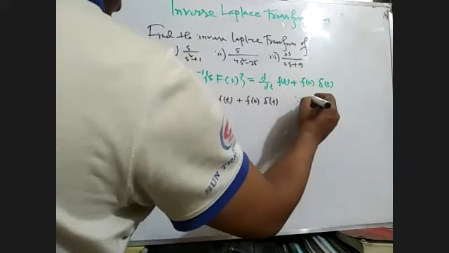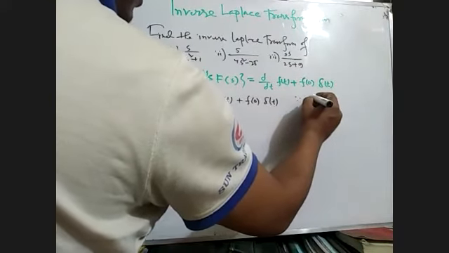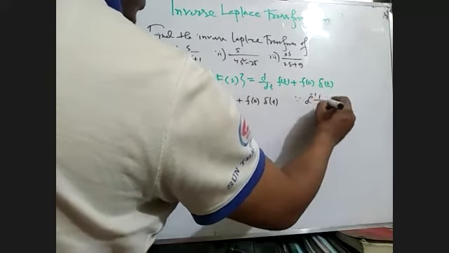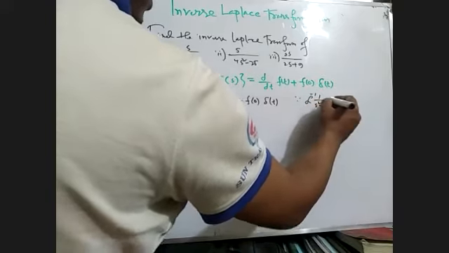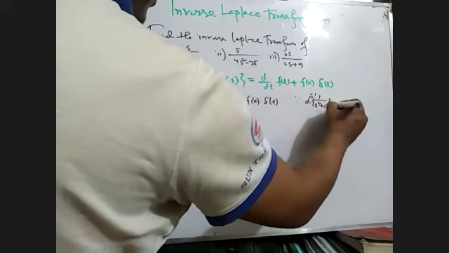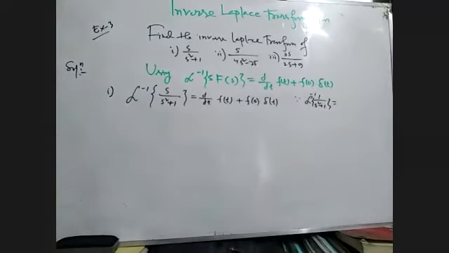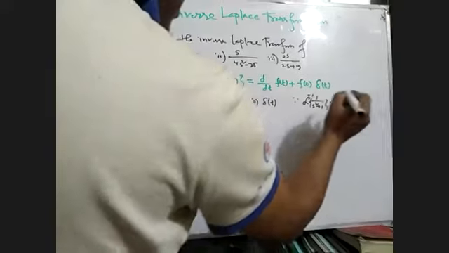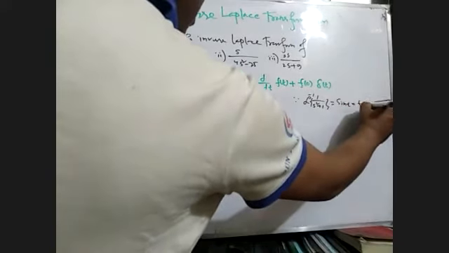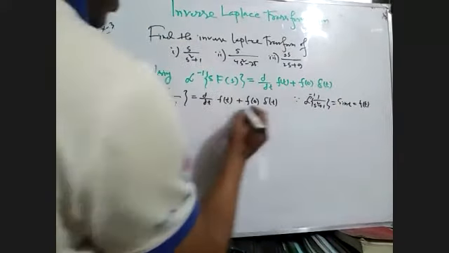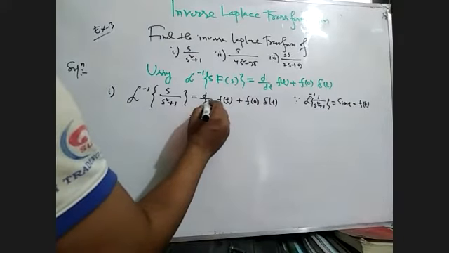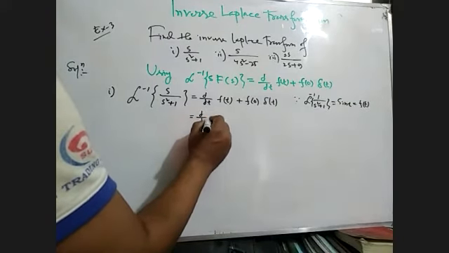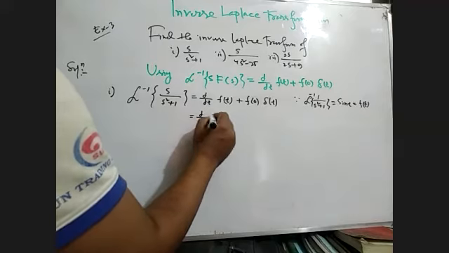Remember it, f of t equals the inverse Laplace transformation of 1 by s square plus 1, which you must know is the formula of sine t. So this will be d/dt of f of t, that is, sine t.